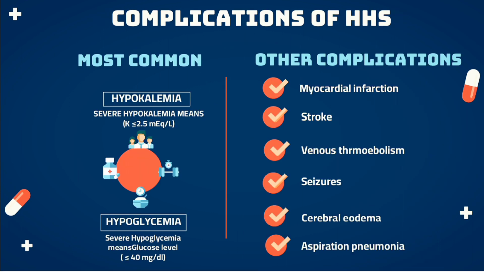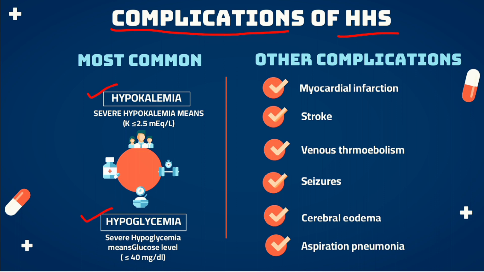So let's see what are the complications which can develop in a patient of HHS. The most common complication which can develop in a condition of HHS is hypokalemia. There will be a decrease in the concentration of potassium in the body, and the person can go into a hypoglycemia-like condition as well.